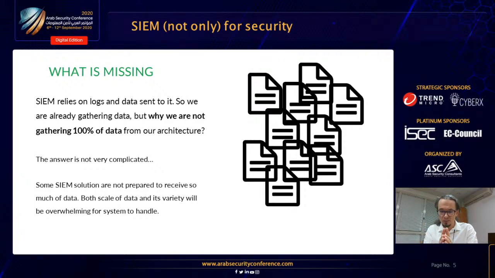And the answer is relatively simple: those software are not able, because of how they were constructed, to understand custom data, for example, custom applications or data outside of security, and also the amount of data from every point, from every aspect, can be overwhelming for those systems.